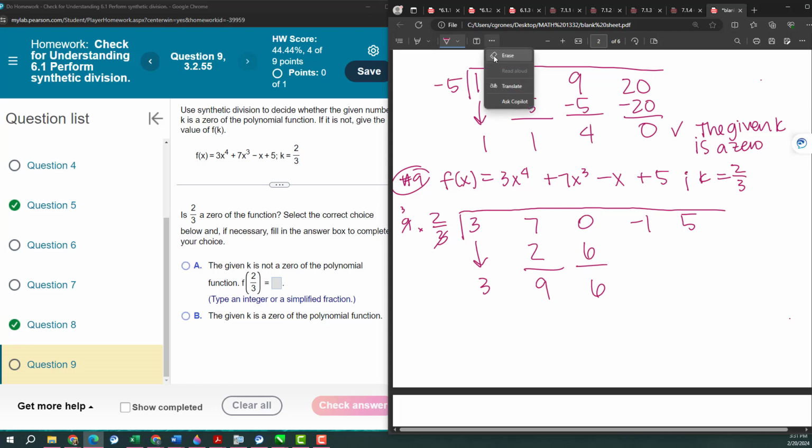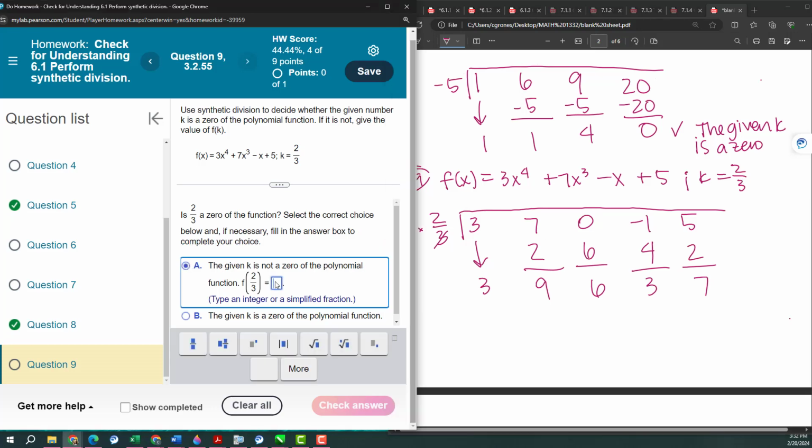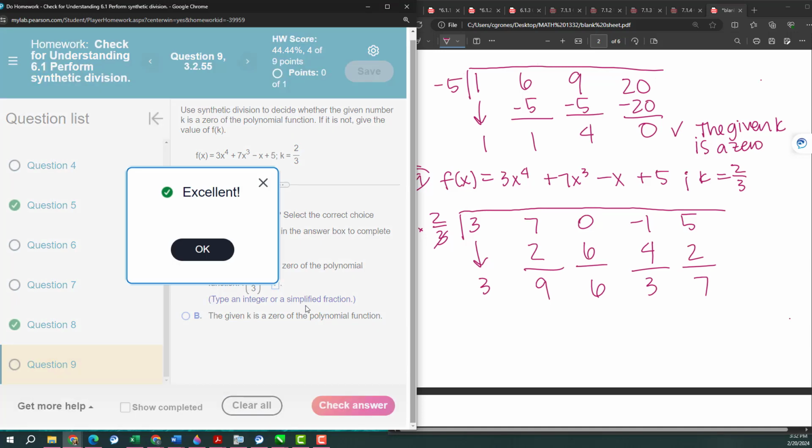Okay. 0 plus 6 is 6. The 3 still canceling out. Left with 2. So 2 times 2 is 4. 4 minus 1 is 3. Okay, back to where we started. 3, so we've got 2. 5 plus 2 is 7. So this is not a 0, and it equals 7.